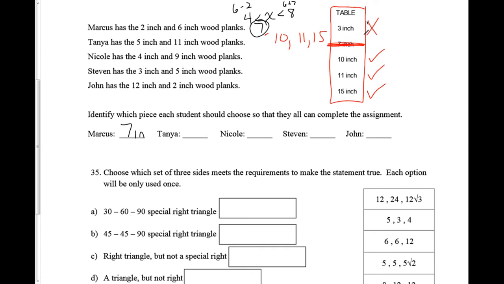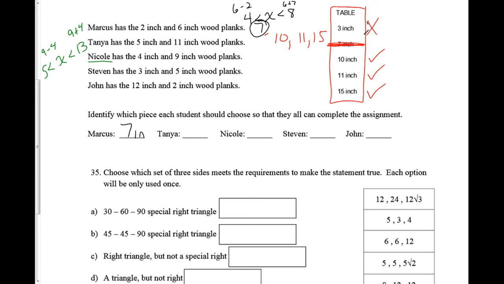Moving on to Nicole. Nicole has to be between what two numbers? So I'm going to come to the other side. And the first number is going to be 9 minus 4, which is 5. So Nicole's piece of wood has to be larger than 5, and 9 plus 4 is 13. The piece must be smaller than 13.